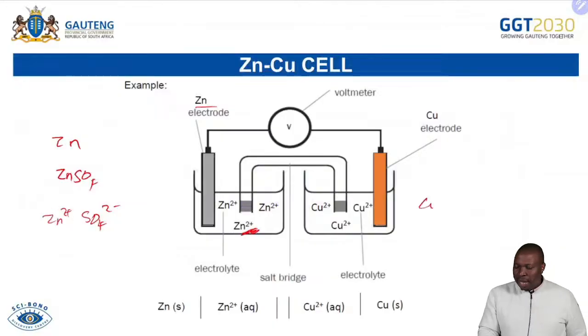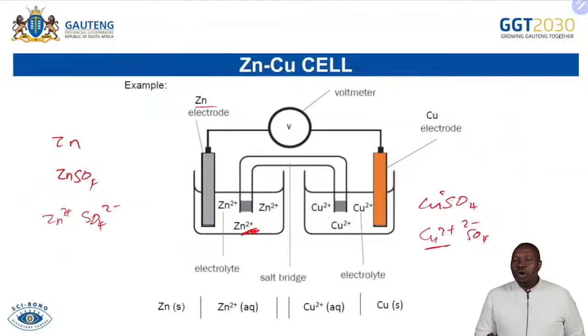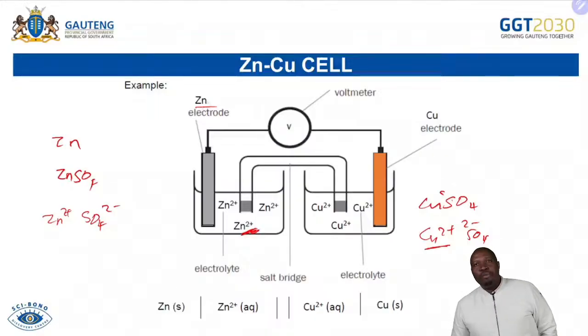The same with copper 2+, we can write it as copper sulfate, with Cu 2+ and SO4 2-, and we're interested in the Cu 2+. So on the anode side, we're going to have the zinc, and on the cathode side, we're going to have copper.